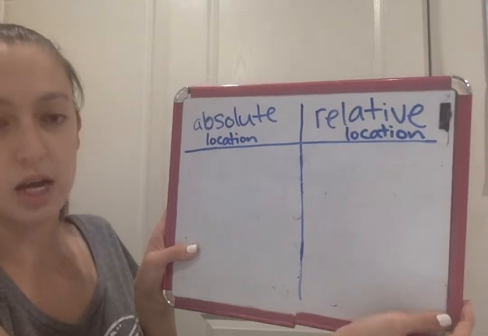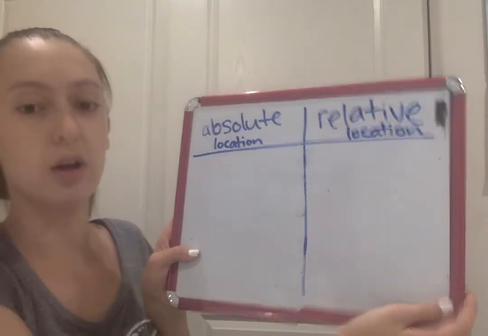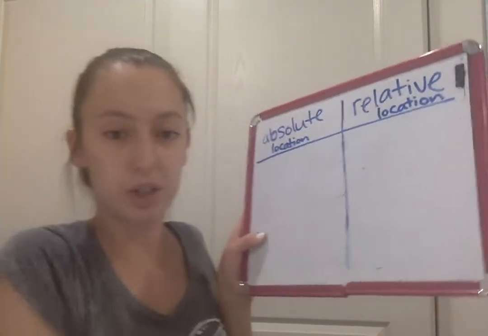So I'm going to use this right here. And what I want you guys to do is to get out your journals, your social studies journals, and I want you to write this down with me. We're going to be writing this down together. And we are going to be drawing a chart just like this. All right? So I want you to draw this on your journals, and we're going to be doing this together.